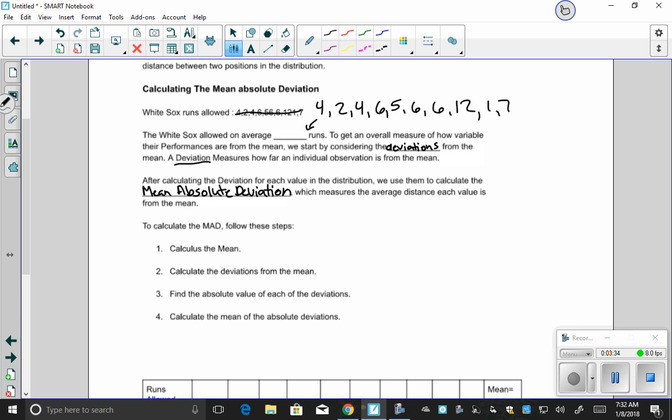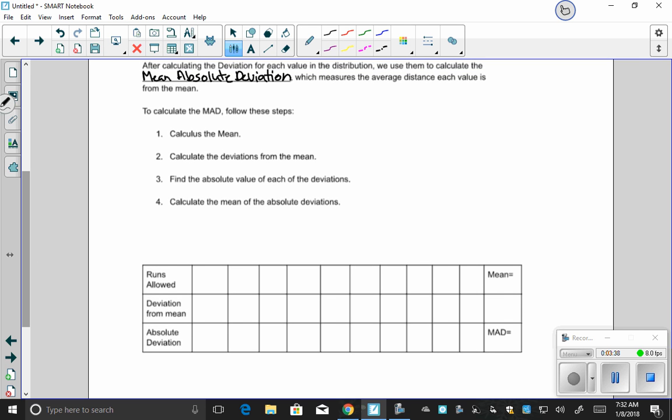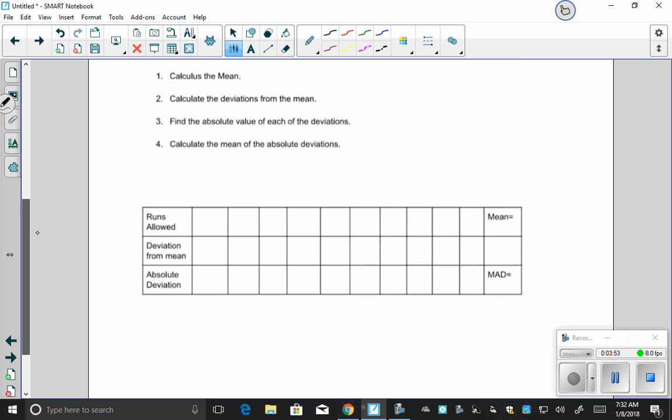So to calculate the MAD, which is mean absolute deviation, M-A-D, you're going to follow these steps. Well, the first step is to calculate the mean, which we've already done, and hopefully you did it. The next step is to calculate the deviations from the mean.